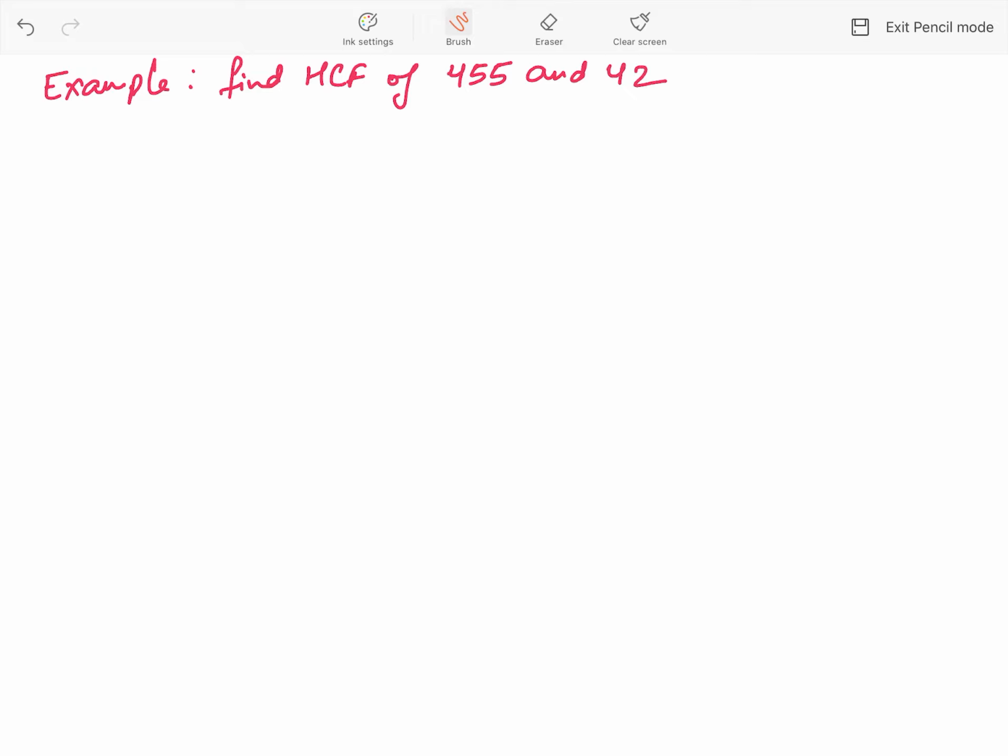We will take the larger integer as dividend and the smaller as divisor. Then we use Euclid lemma.